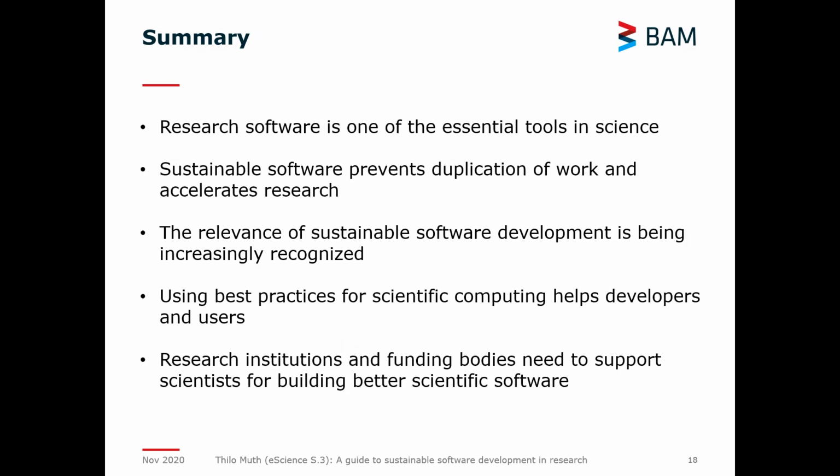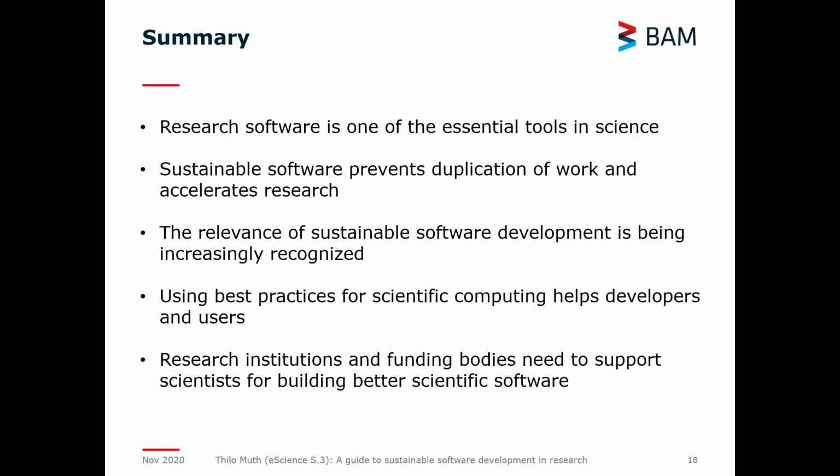So as a summary, research software is one of the essential tools in science. Sustainable research software can prevent duplication of work and reduce a lot of redundancy, and therefore accelerate the research, because people have more time to actually conduct the research when they have their software tools in place, and the software tools are not buggy anymore, running correctly, and tested.